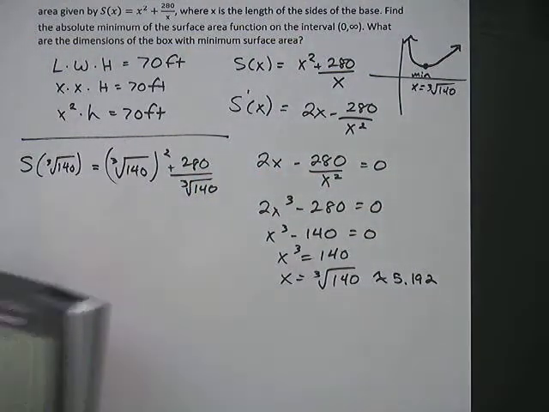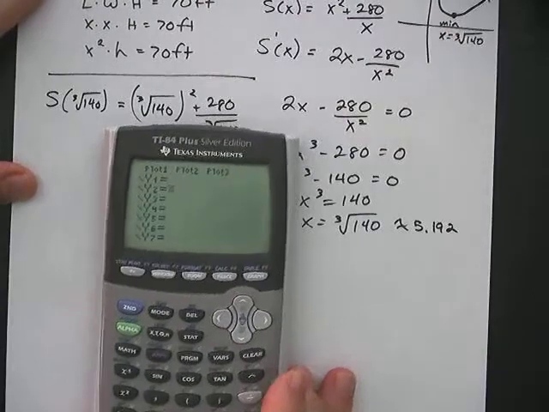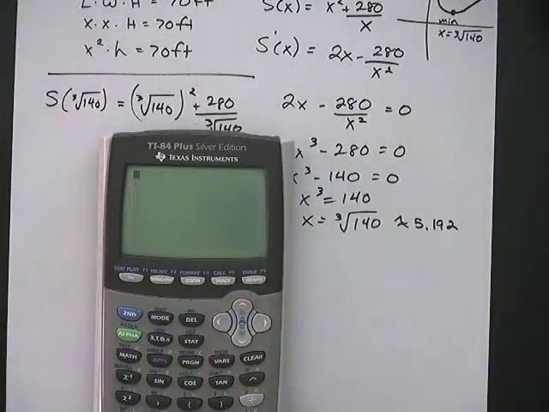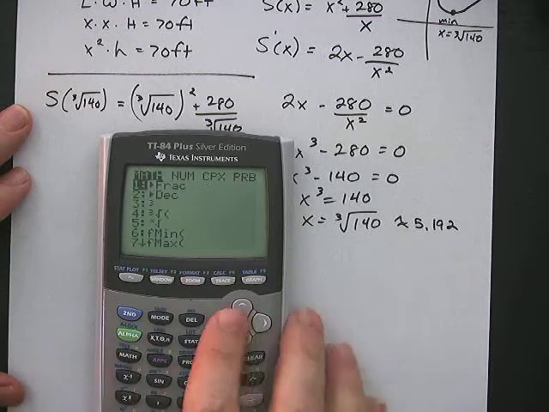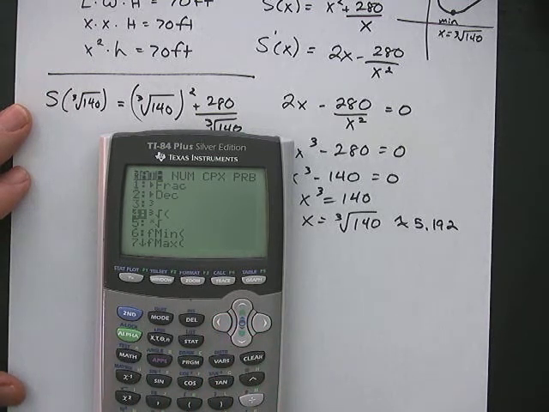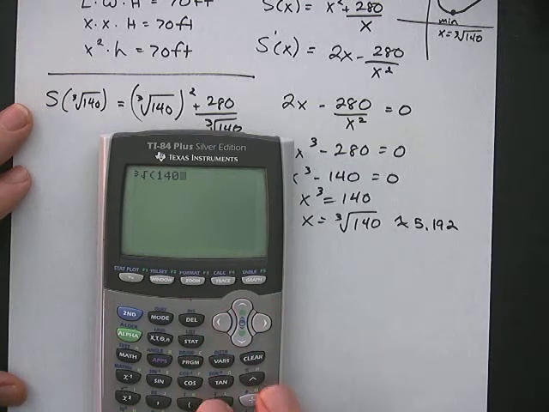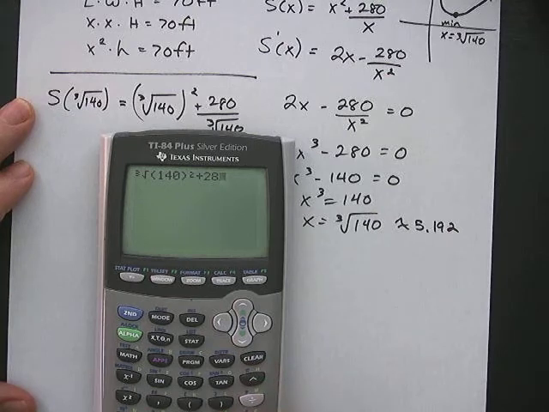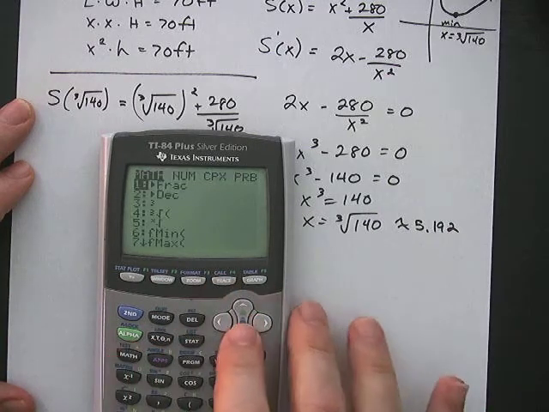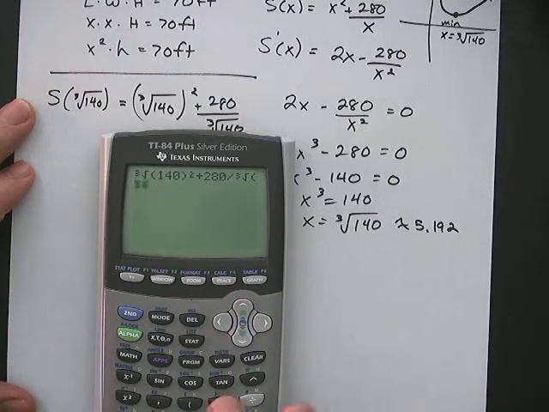I'll put that into the calculator and show you how I'm going to do that. If you have a TI-84, you hit math, go down to where it says cube root, and type in 140. Then hit the square button, plus 280 divided by the cube root of 140 again, and hit enter.